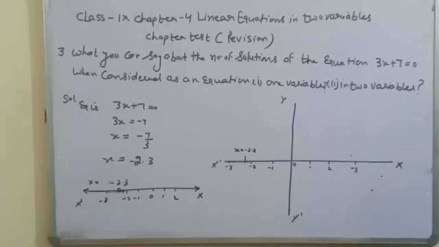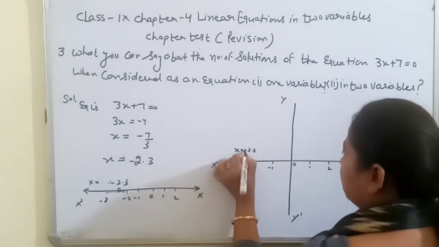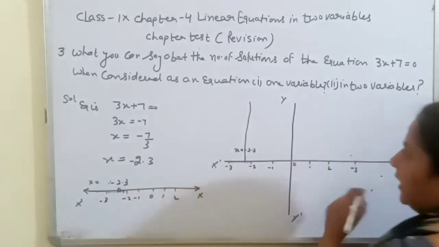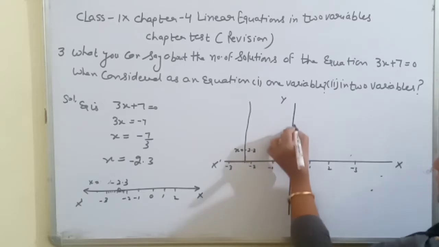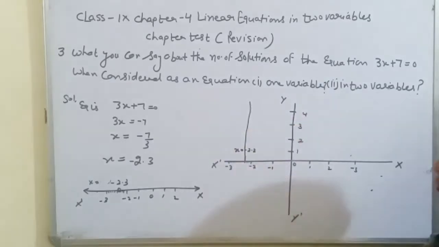So when we draw x equal to minus 2.3, this line is parallel to the y-axis, and on the y-axis there may be solutions for y: y1, y2, y3, y4.